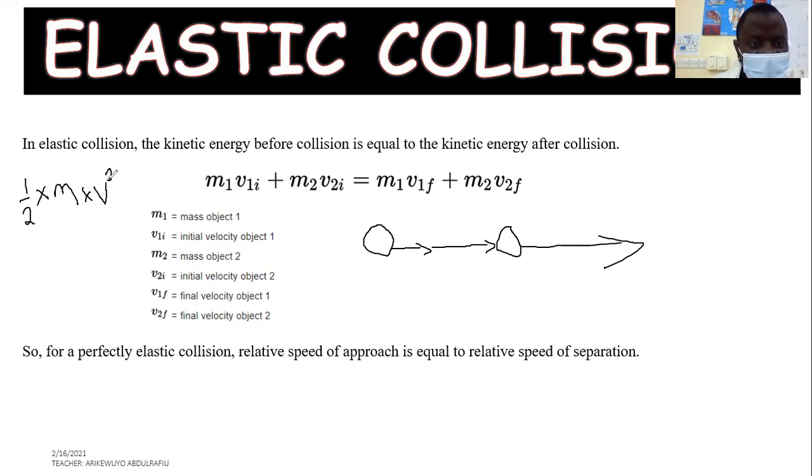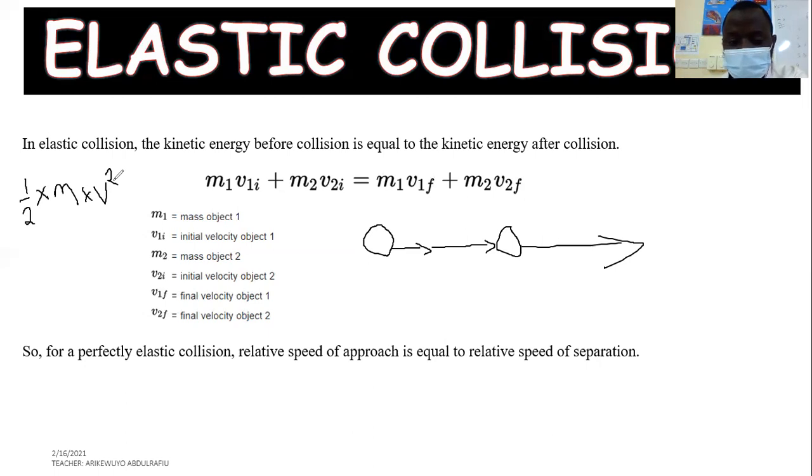Remember that these two objects both have their mass and their velocity when they are moving. Even when one of them is not moving, the velocity will still be zero. Because we have this, we can calculate their kinetic energy. So the total kinetic energy before collision is the same as the total kinetic energy after the collision. That is one characteristic of elastic collision.